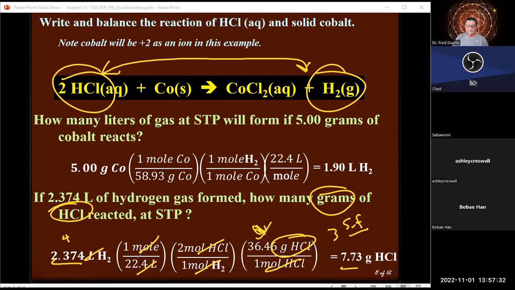But remember, I said that the 22.4 liter is a measurement, so it could be a factor when you use it with respect to sig figs. In this case, it does play a factor. So 22.4 has 3 sig figs, and our answer should be no more accurate than 3 sig figs.